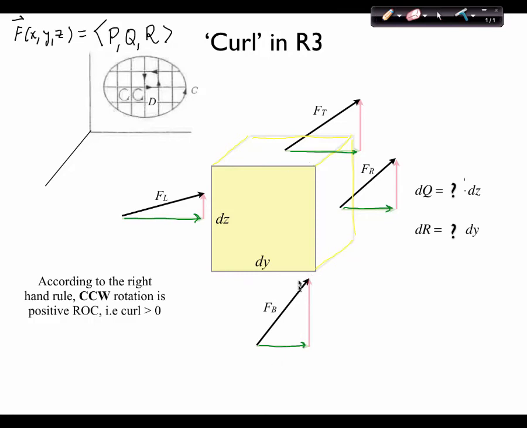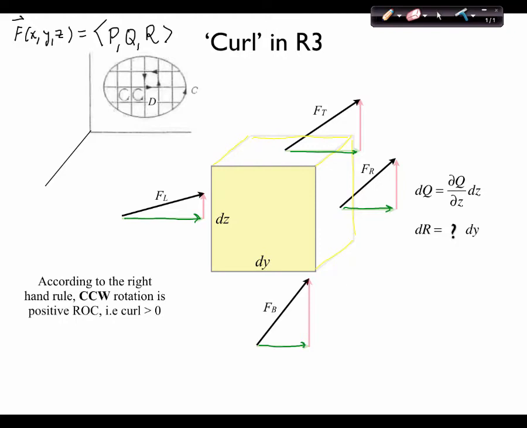My Q components or my R components? What's going to contribute to rotation when I'm talking about change in Z? I didn't think that was a hard question. Q, right? The horizontal components of these top and bottom vectors for change in Z are going to contribute to rotation. So that's going to be what? dQ, the partial of Q with respect to Z.